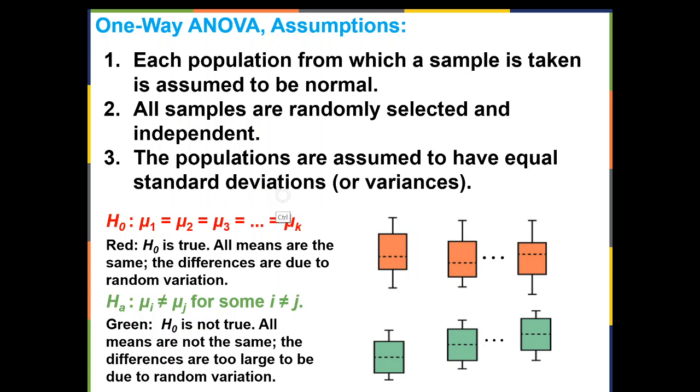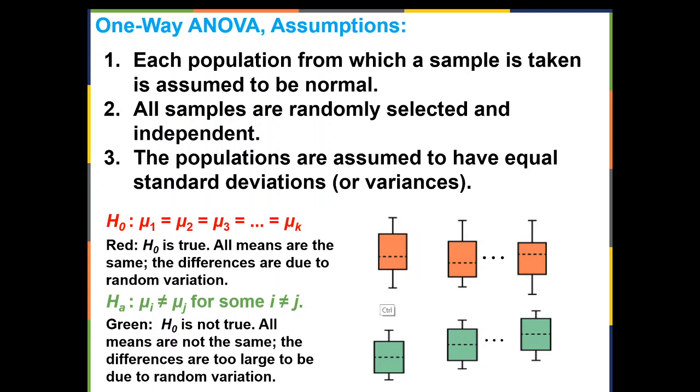So the question is whether we have enough evidence to say statistically that these means are the same or not, whether we can reject it or not. And this is another example. What if they look like this? Well, we don't know. Do we have enough evidence? We don't know. We have to do some calculations.